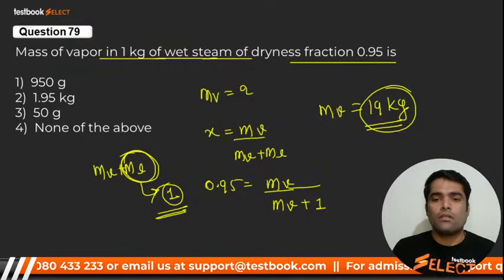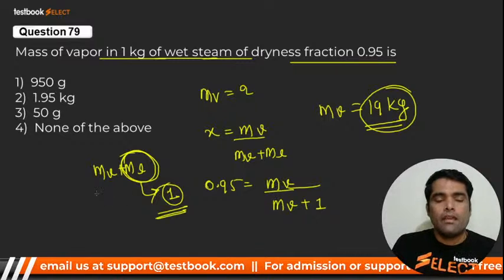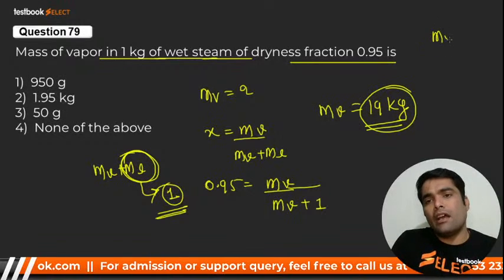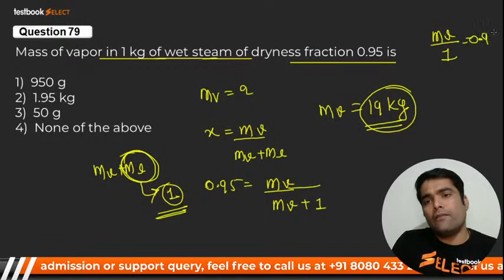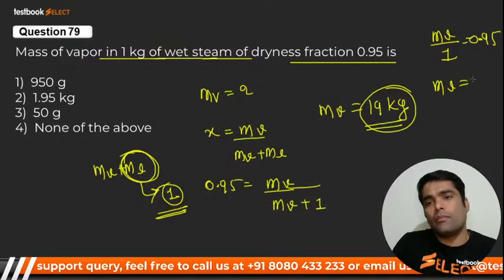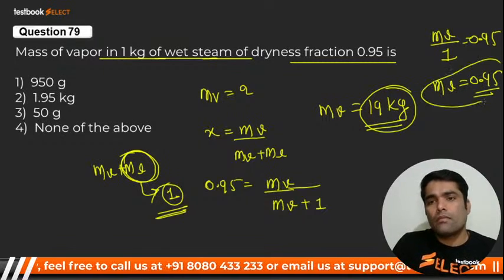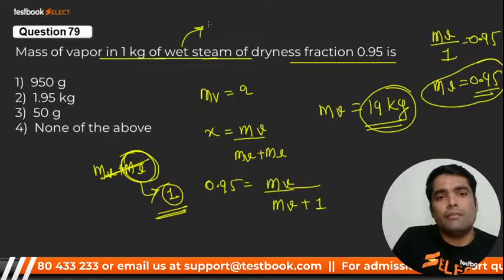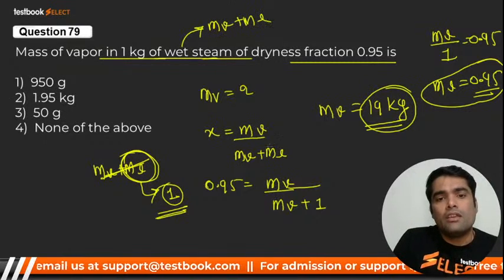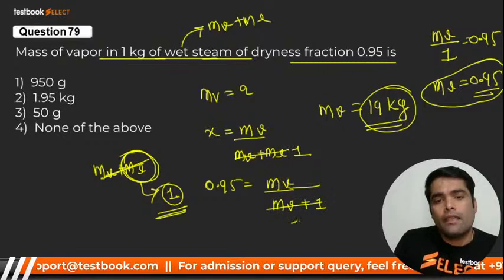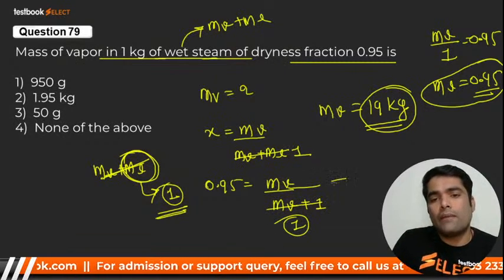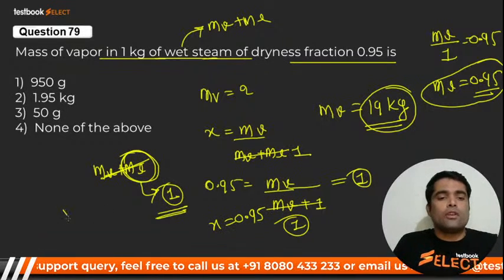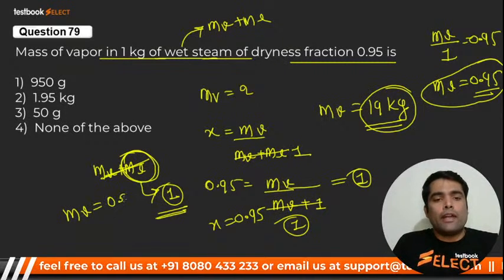Here we go. Even if we take only mass of liquid, mv upon 1 is equal to 0.95, so mv is equal to what, my dear? 0.95. Right? We should take liquid? Wet steam means we should take mv plus ml, so this whole value will be 1. Definitely x is 0.95, so mass of vapor will be 0.95.